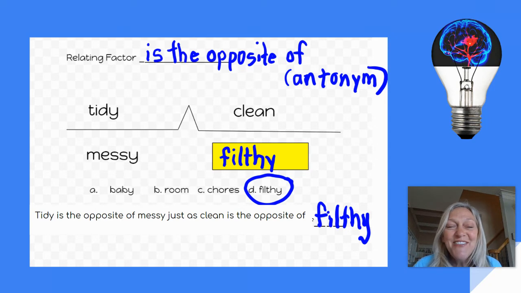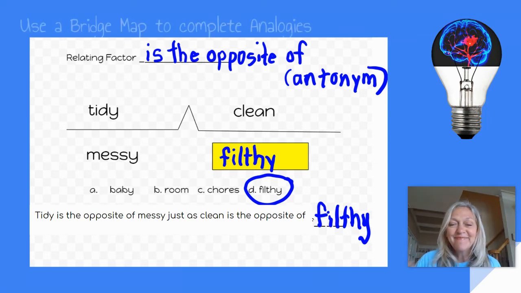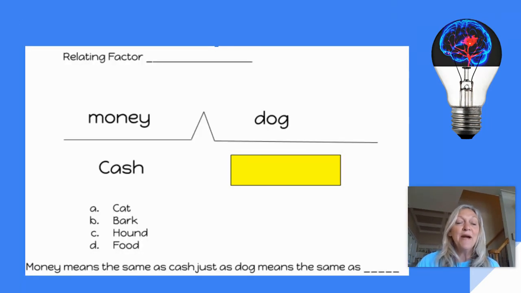Filthy. I bet you did, because tidy is the opposite of messy in the same way that clean is the opposite of filthy, which means disgustingly dirty. I hope you've never had a filthy room. All right, let's do another one real quickly. Money is to cash as dog is to blank.